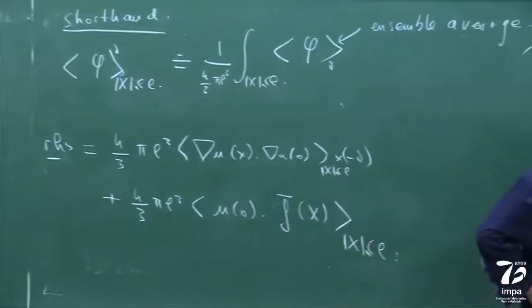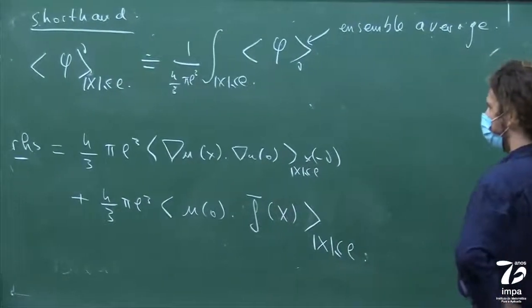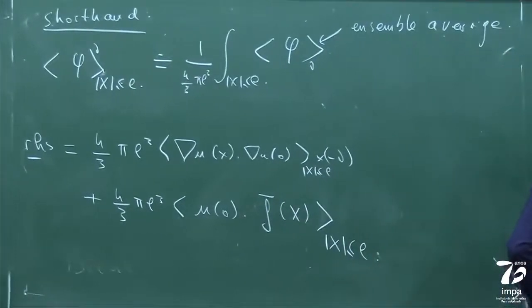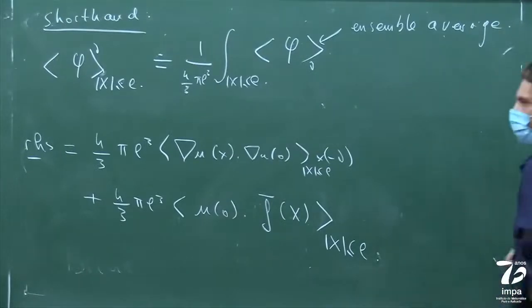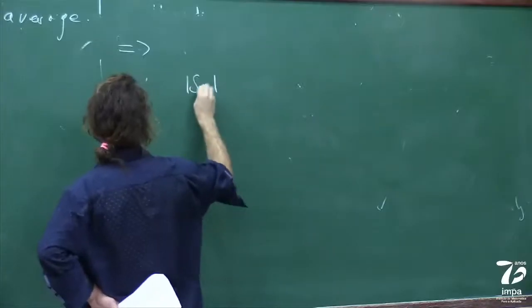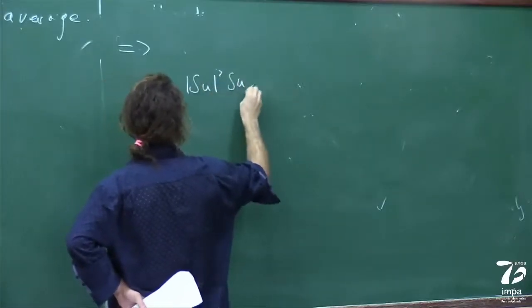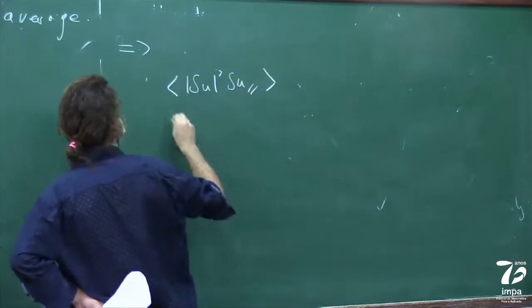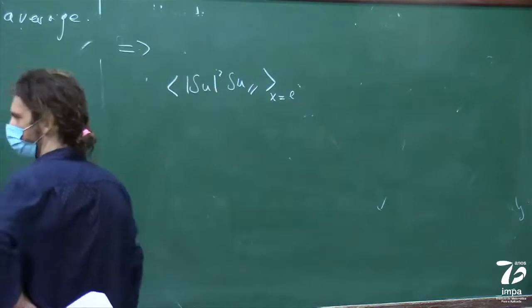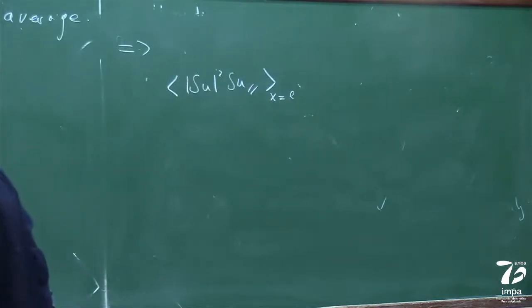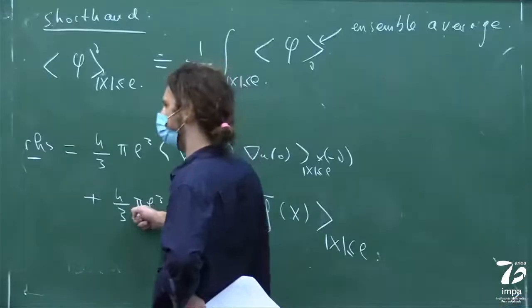So what we will get in the end is delta U square, delta U parallel, averaged over x equal to L. And here we have a pi which is going to drop out.